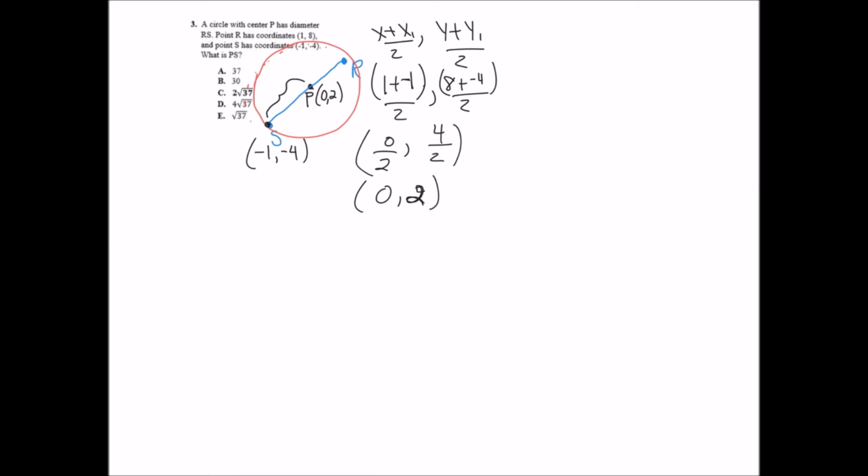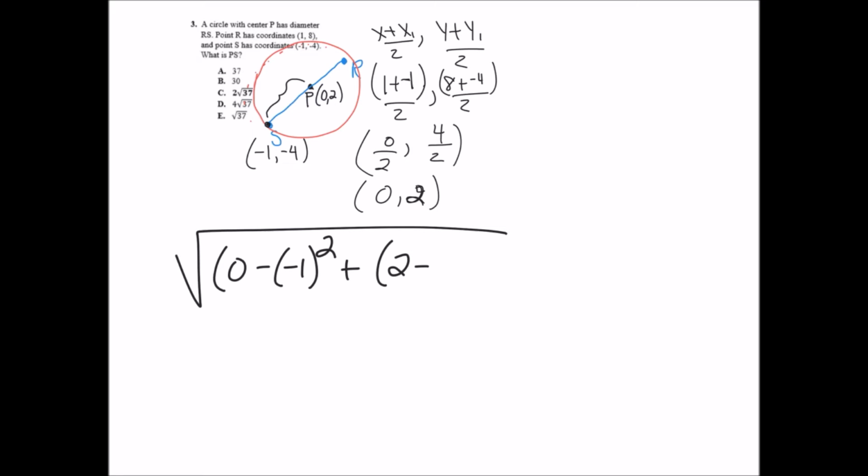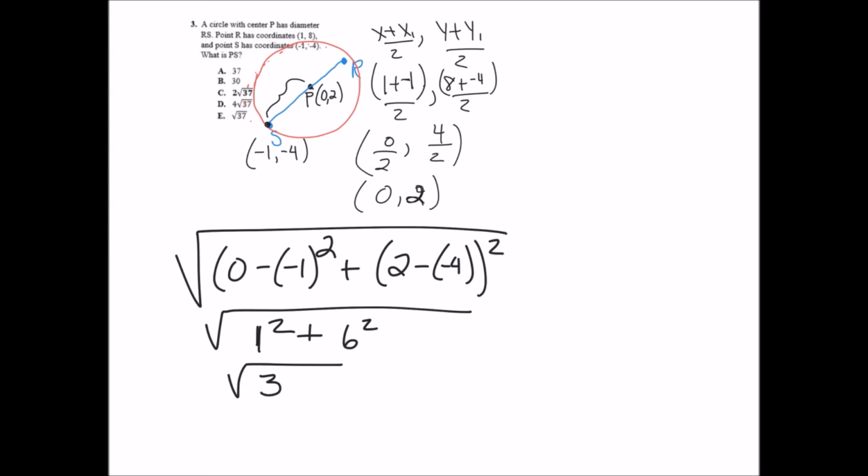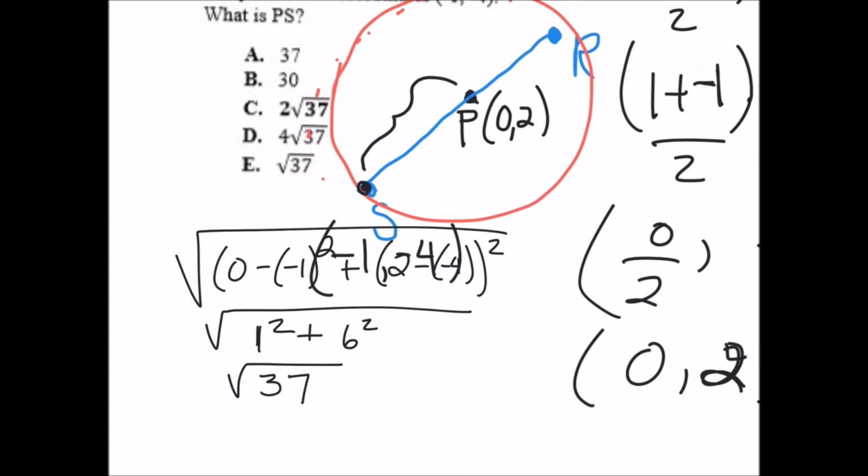Using the distance formula, we get the square root of 0 minus a negative 1 squared plus 2 minus a negative 4 squared, which equals the square root of 1 squared plus 6 squared equals the square root of 37. Correct answer is E.